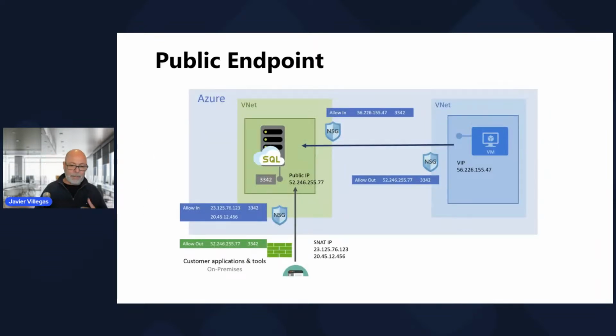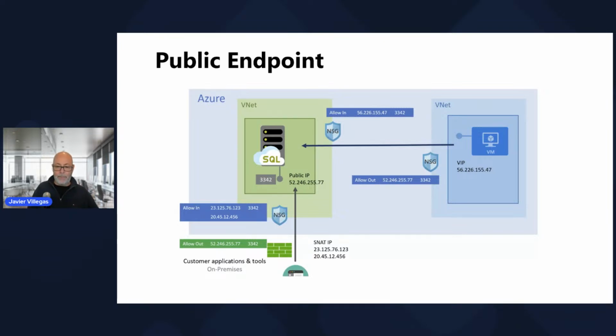So features are coming constantly. Also, there is a capability that was not ready at the beginning, and then, because of people requesting it, we have as an optional possibility to publish a managed instance to the internet.